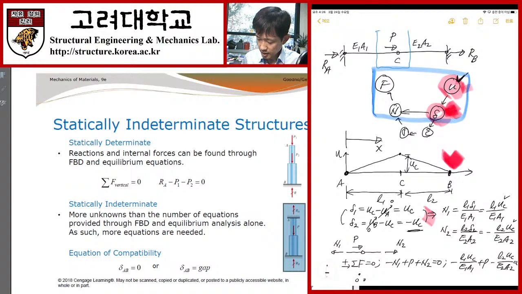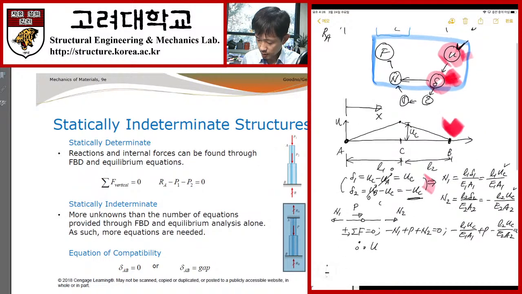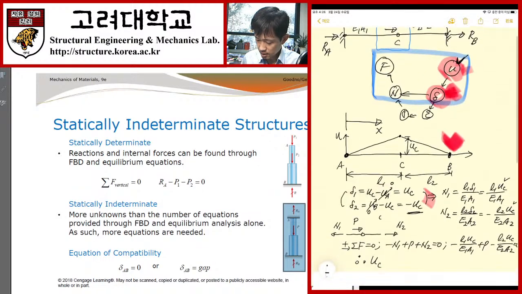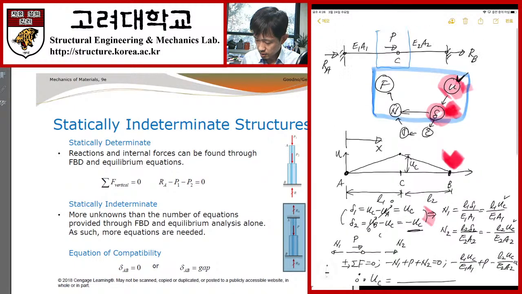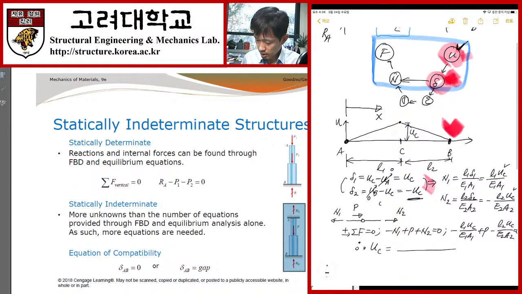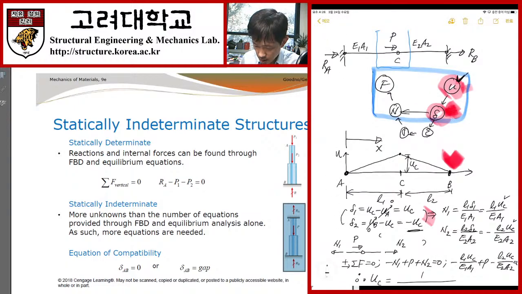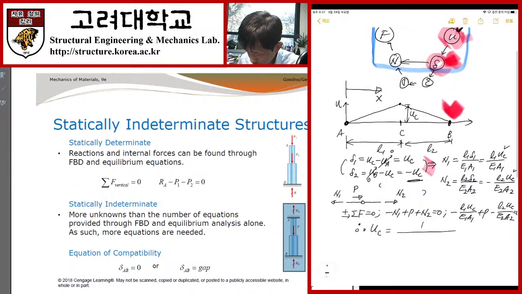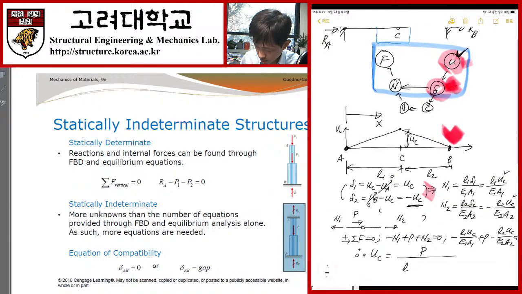So you can determine the nodal displacement of point C very easily, right? So UC is equal to P. Now how can I freeze this screen?